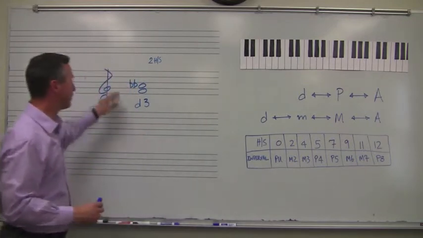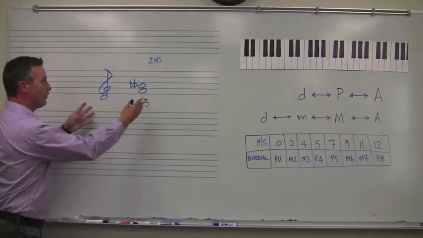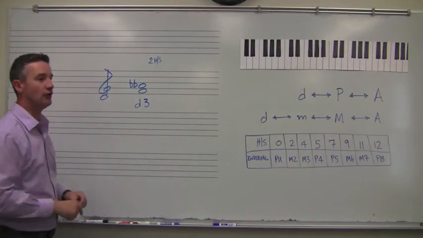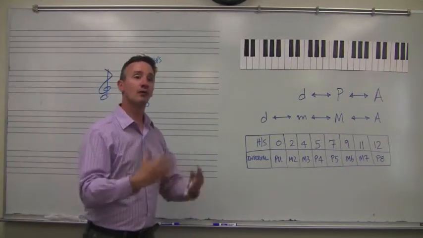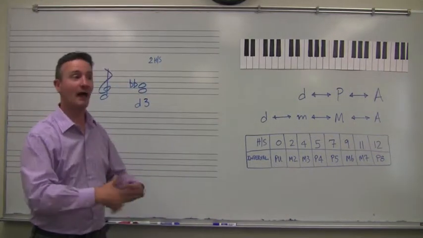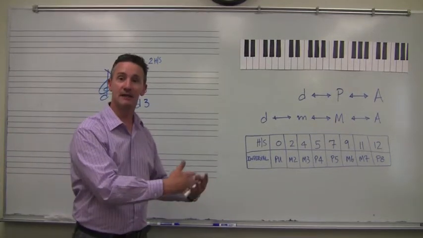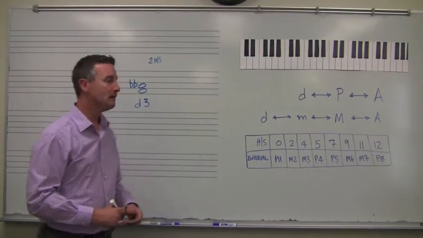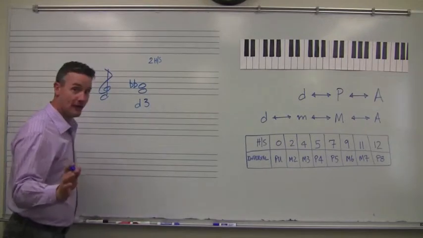And so sometimes a third is referred to as a diminished third, even though there would be other ways those 2 notes could be written, and it would be given a different name if they were written differently. So, hopefully that has not confused you.